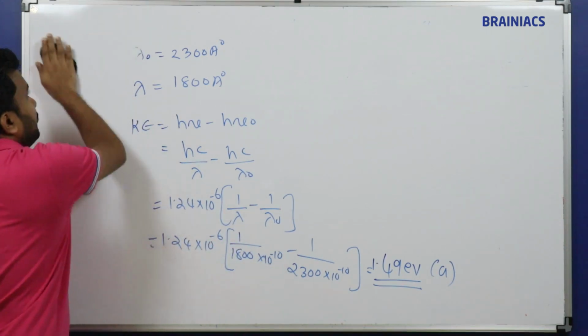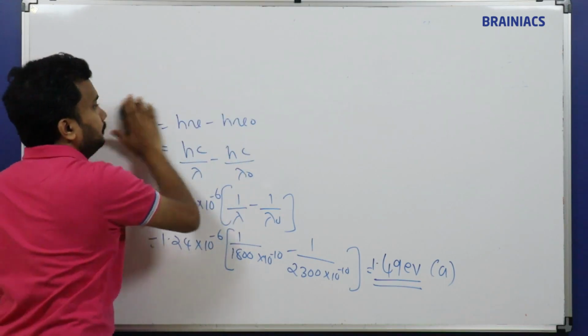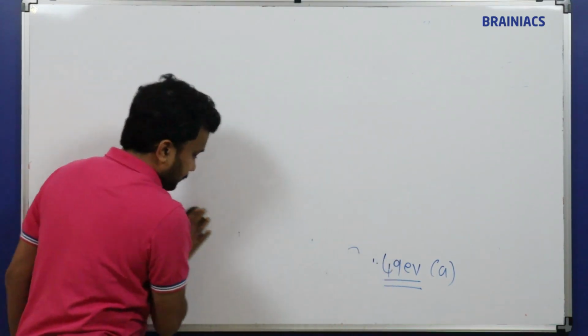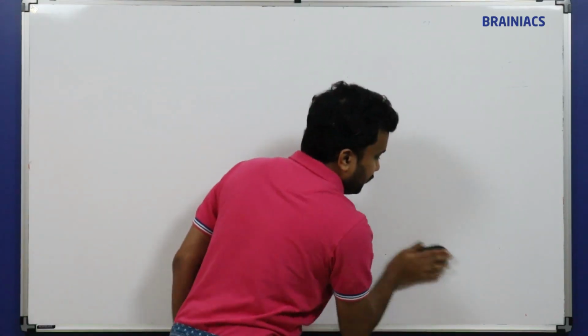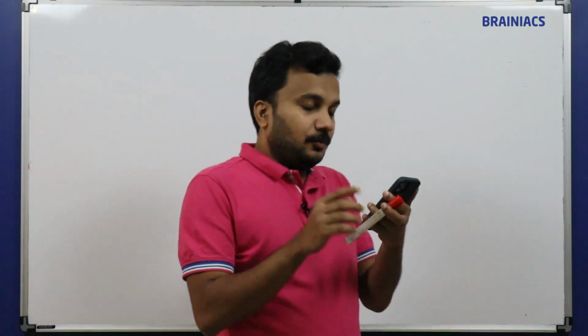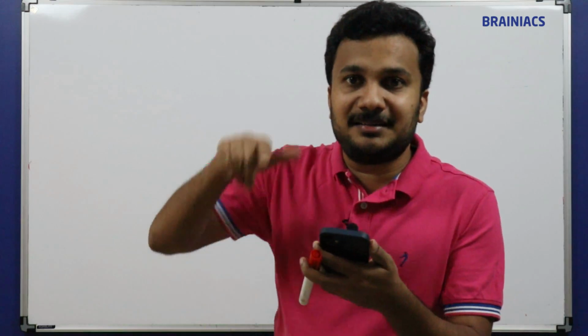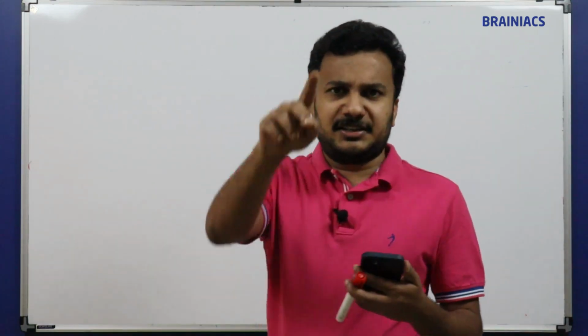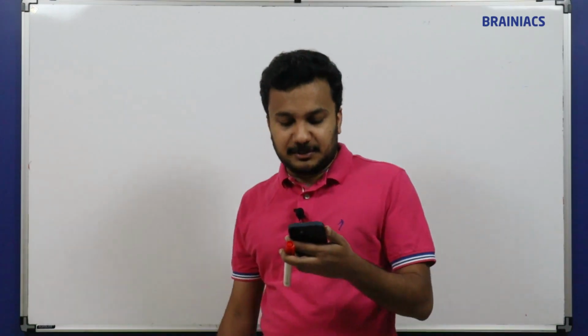Okay, so let's move to question number 6. You have to ensure, in question number 5, the given value of the wavelength, how much is it? 1800. That is less than the threshold wavelength. Then only kinetic energy is possible. Suppose you can expect this question maybe in the model examinations.